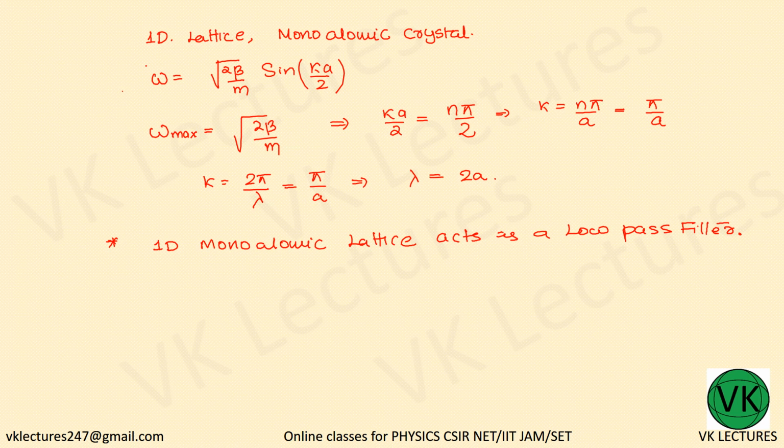Now here we write omega max equal to root of 2 beta by m, and corresponding to that we have lambda minimum, because we are deriving it from the maximum frequency. So lambda minimum will be equal to 2 times a. So this is the minimum wavelength that the monoatomic lattice carries.